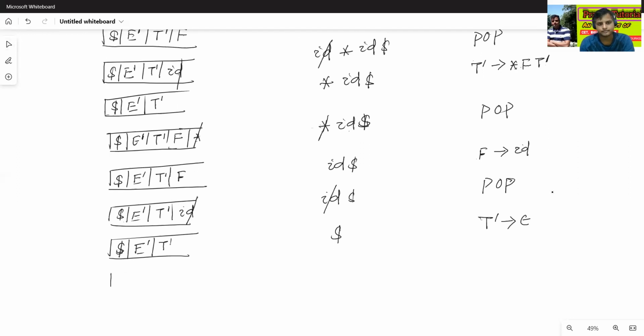Now we'll push epsilon in place of T prime, which is a push operation.